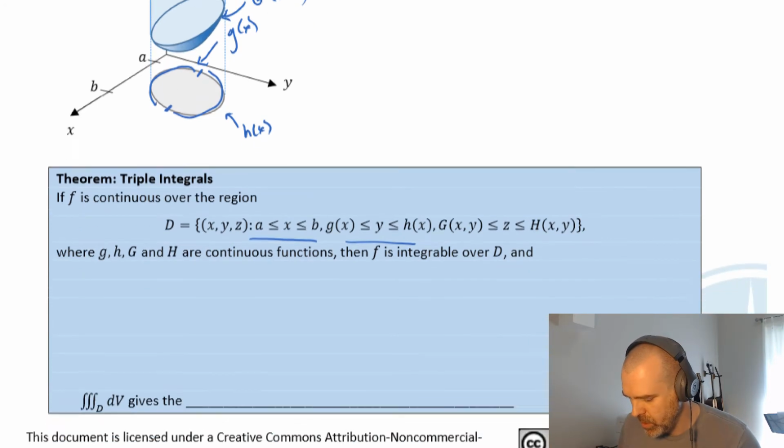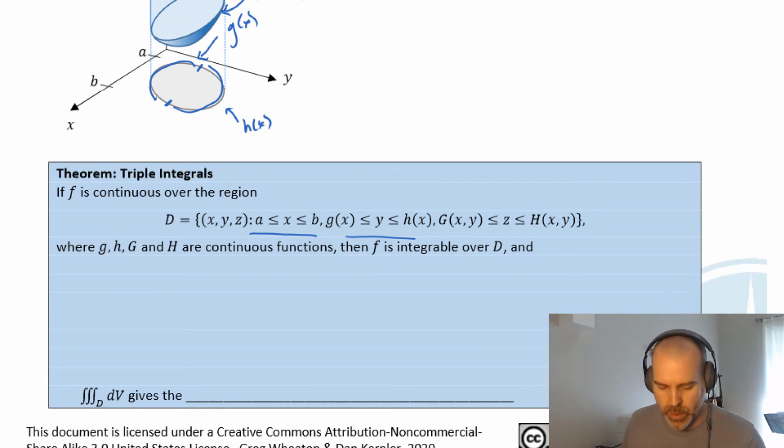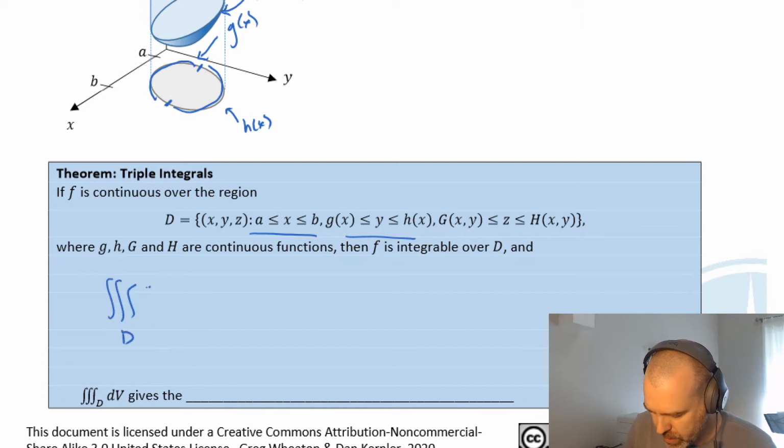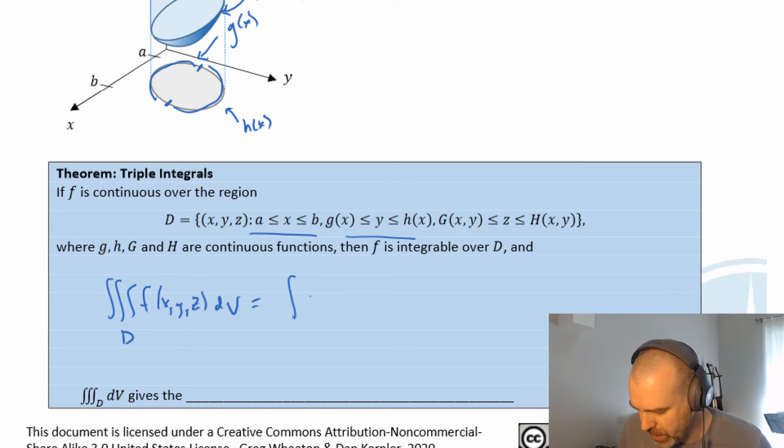So the triple integral over the region D of f of x, y, z dV would be the integral, let's do z first.